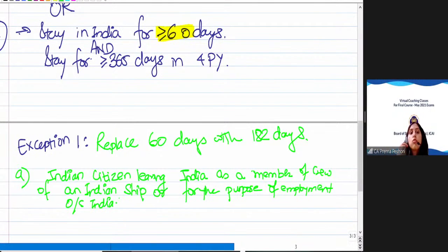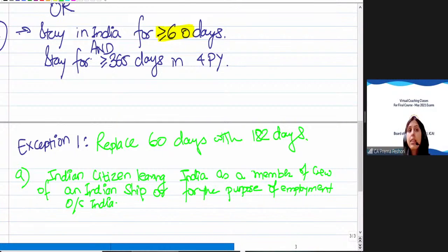Right? So, Indian citizen leaving India as a member of crew of an Indian ship or for the purpose of employment outside India, for him, we will consider 60 days as 182 days.